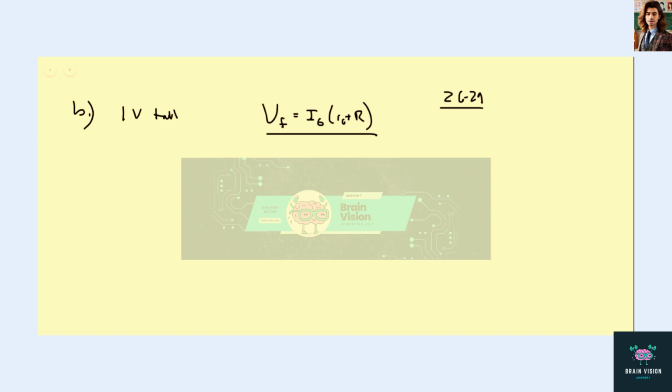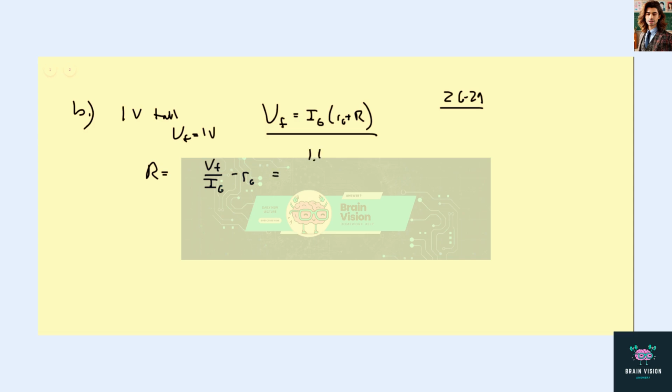Okay, so if we're trying to figure out how big a resistance to add, we know that we want Vf to equal 1 volt. So we can solve for R, and this is Vf over Ig minus Rg.